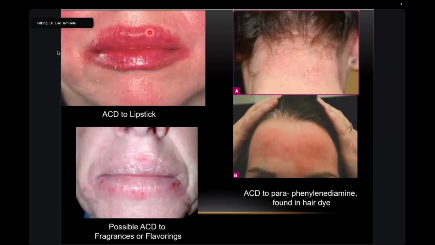So whatever ingredient in the lipstick you're allergic to, like lanolin, for example, or even fragrance if your lipstick has a scent, that's ACD to lipstick. Possible ACD to fragrances or flavorings. Here, to dye. For example, patients who dye their hair can have an allergy and it will present on the nape as well and on the scalp and on the forehead.